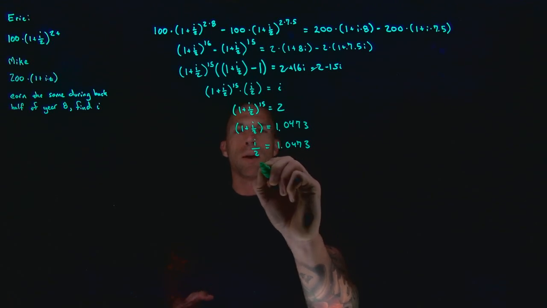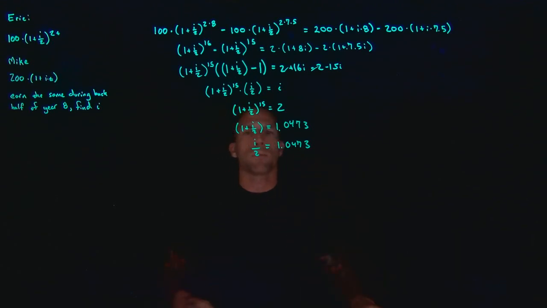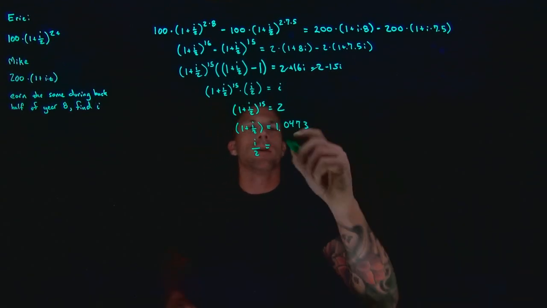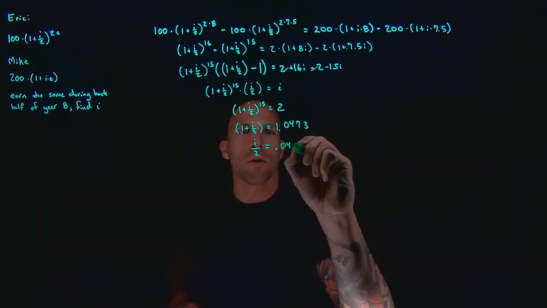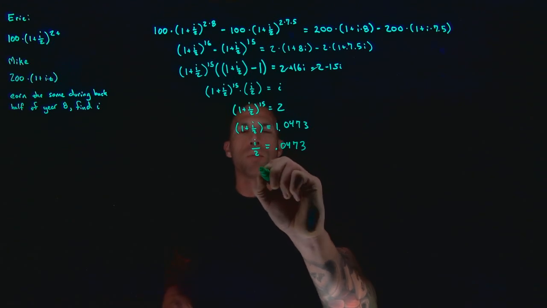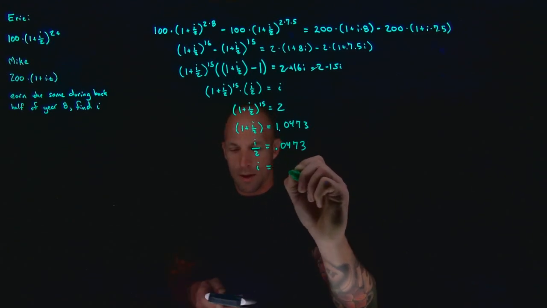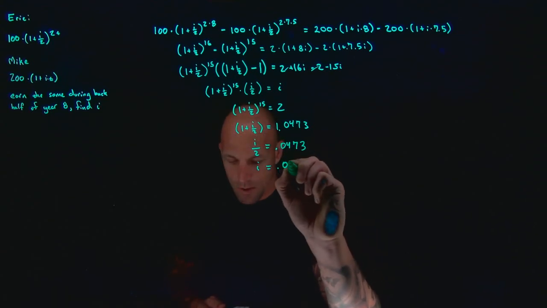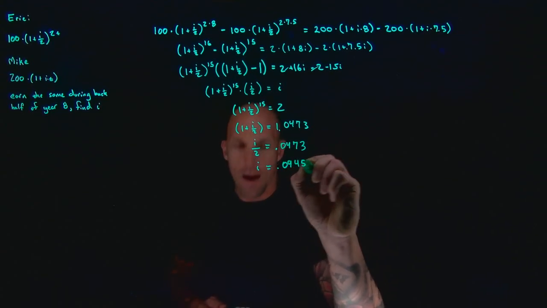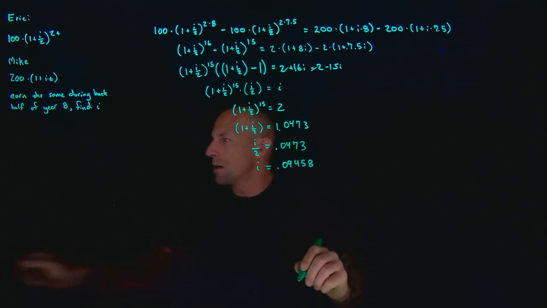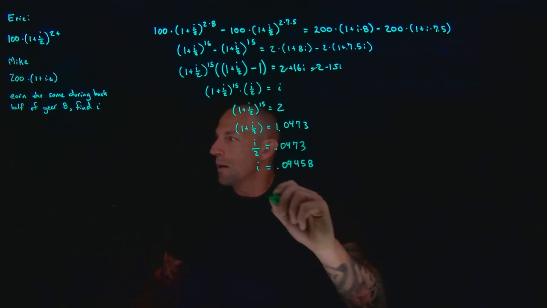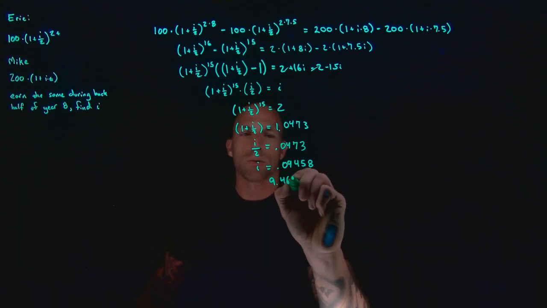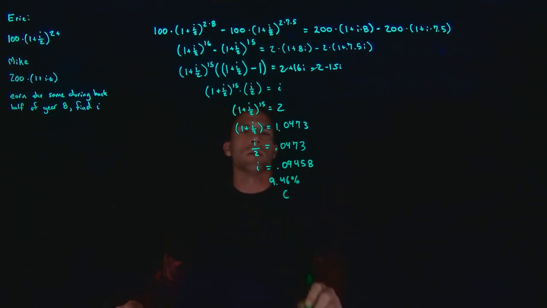Subtracting 1 gives us 0.0473, and then multiplying both sides by 2, we get a value of i that is 0.09458, and based on our answer choices, that is closest to 9.46%. So the final answer here is C.